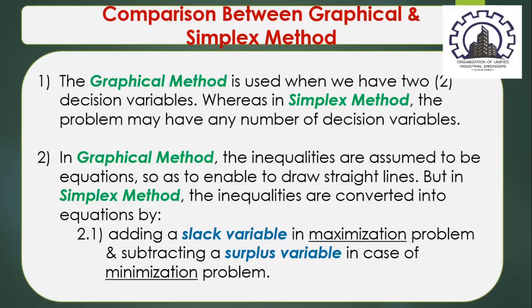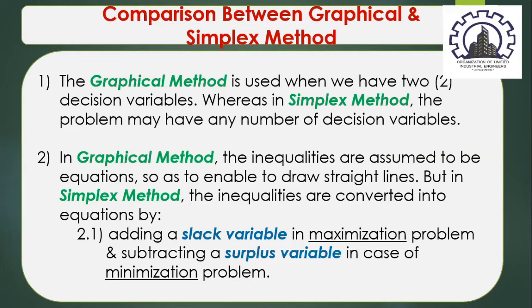Now, if we say slack variables, these are the variables added to constraints to convert them into equation. On the other hand, if we say surplus variables, these are variables subtracted from constraints to convert them into equation.